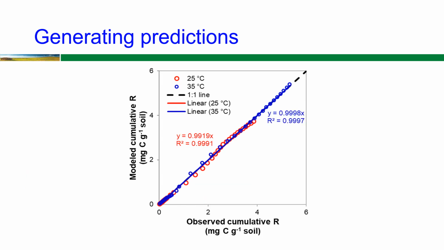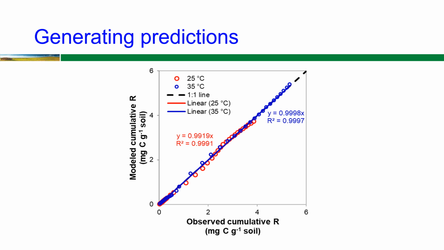Predictions of soil carbon decomposition can be generated with the derived parameters and the model. With the generated predictions, we can evaluate the model performance by comparing observations and simulations. In this figure, the x-axis is observations and the y-axis is model simulations.